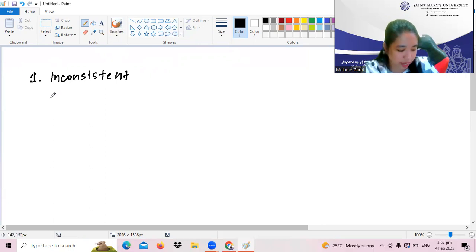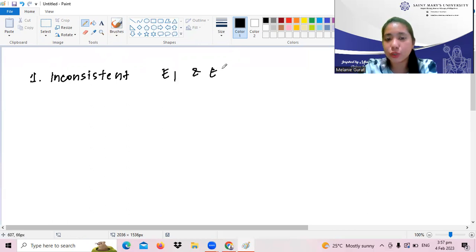When do we say that it is an inconsistent equation? When equation 1 and equation 2 have no solution, which means the intersection of equation 1 and equation 2 is empty.